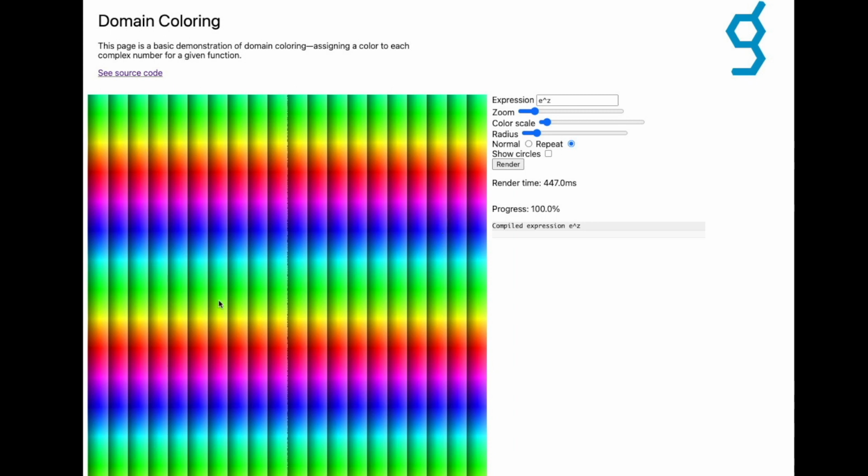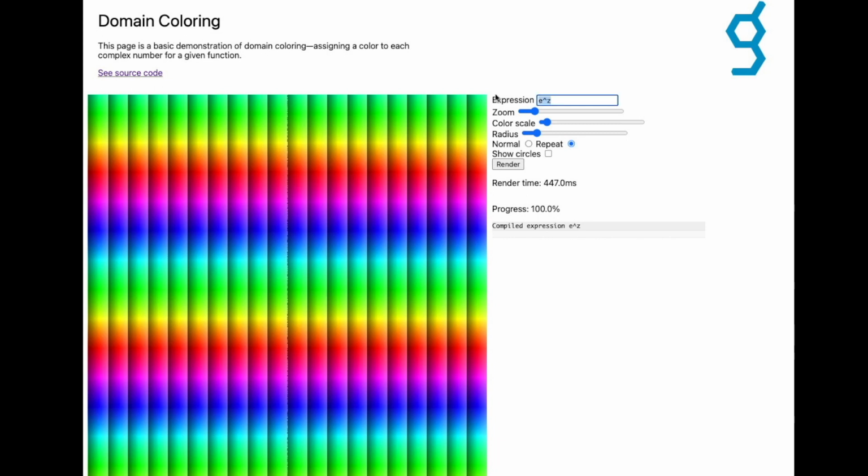So you can see here we have these very evenly spaced lines, and that's because e to the z goes up exponentially as we go from left to right, as the real part goes from very small to very large, and thus we'd expect to have these evenly spaced discontinuities, because that's exactly how we're coloring it. We're coloring it between 2 to the negative 5 and 2 to the negative 4, just as we're coloring it between 2 to the negative 4 and 2 to the negative 3.